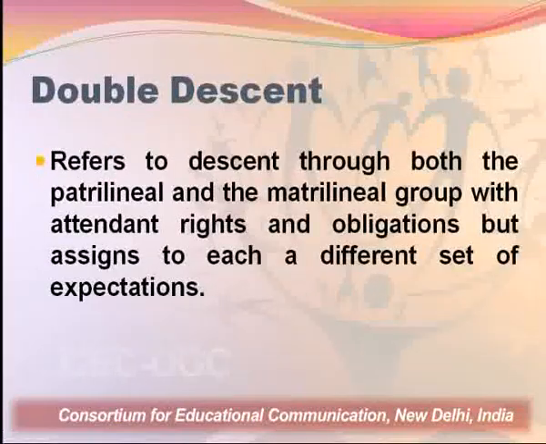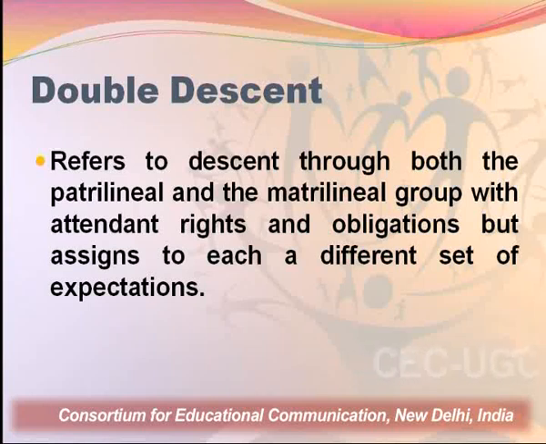The next form of descent after unilineal descent is double descent. Double descent refers to descent through both patrilineal and matrilineal groups with attendant rights and obligations, but it assigns to each a different set of expectations.